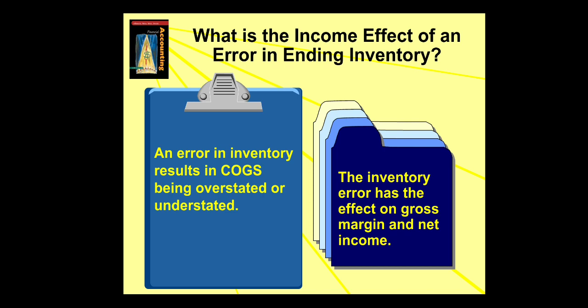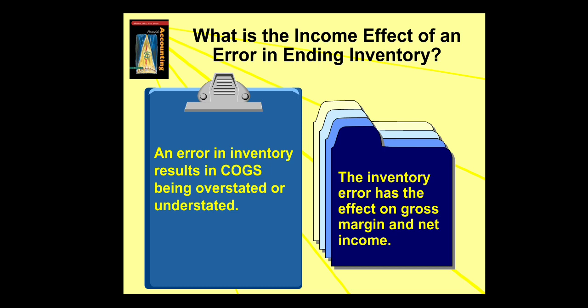So if the business puts a wrong value for the current asset inventory, then the cost of goods sold can be higher than it's supposed to be, or it can be lower than it's supposed to be. If the cost of goods sold is higher than it's supposed to be, then the profit of the business will be understated.